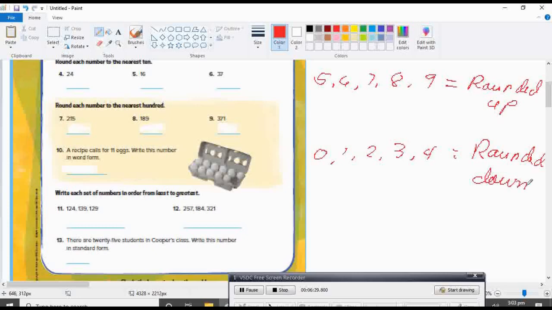So for the first example, round the number to the nearest tenth. You have to look for the tens placement and look at the next digit. That's how you are going to determine the rounding numbers.